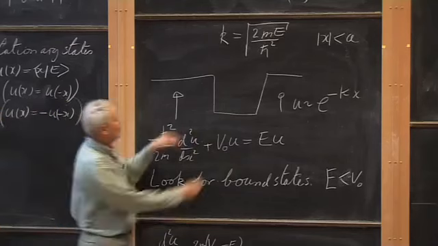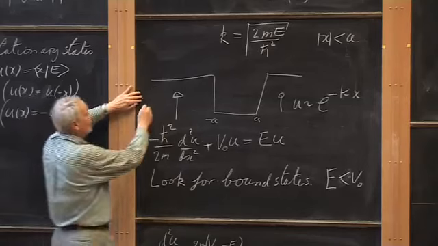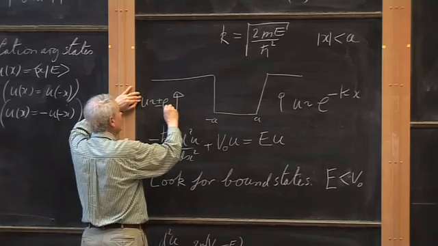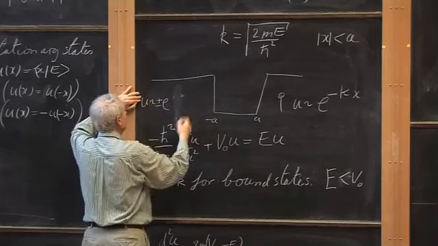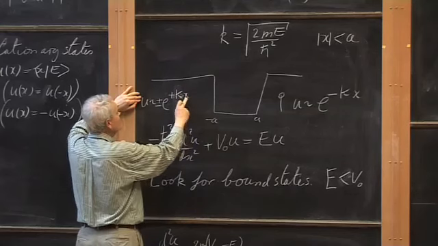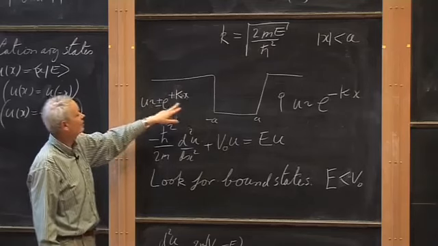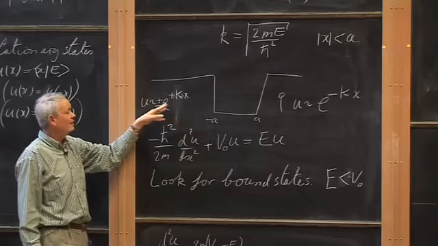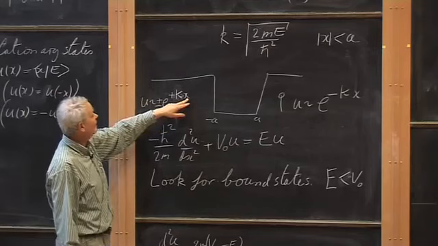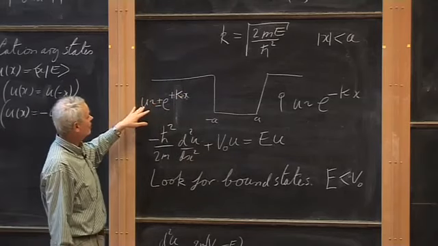If we're on this left side here, where x is negative, then we want to take u goes like either plus or minus e to the plus Kx, because x is negative in this zone, and the negativity of x gives the exponent negativity, so that the bigger x becomes in modulus, the smaller the wave function becomes.